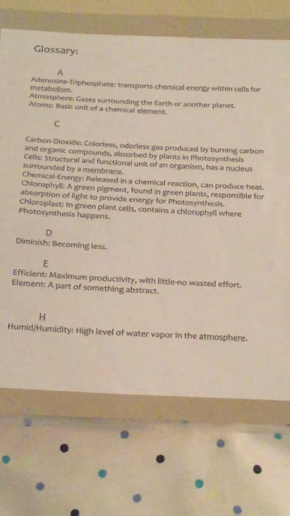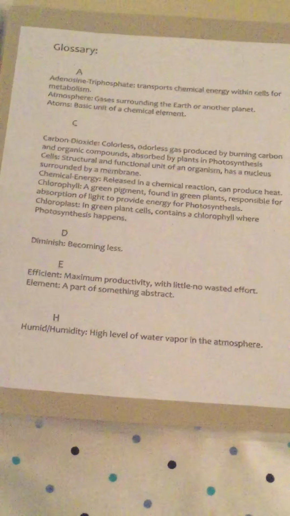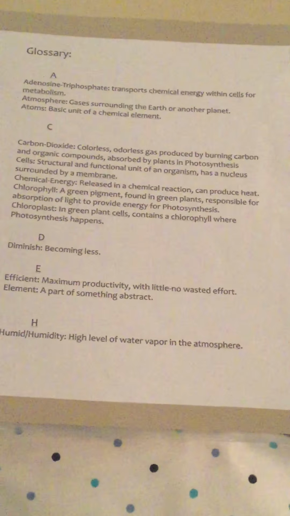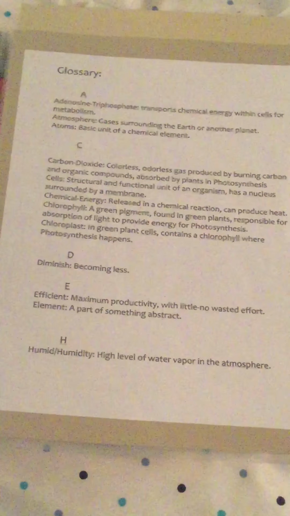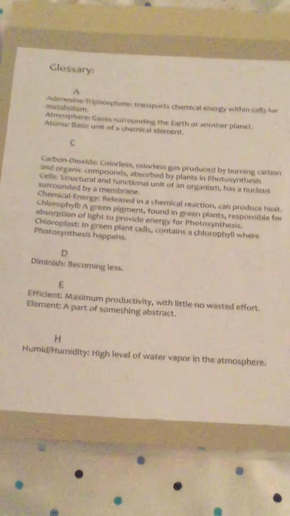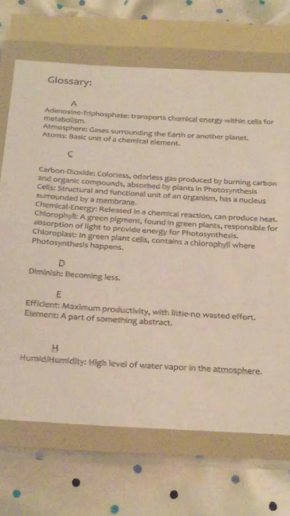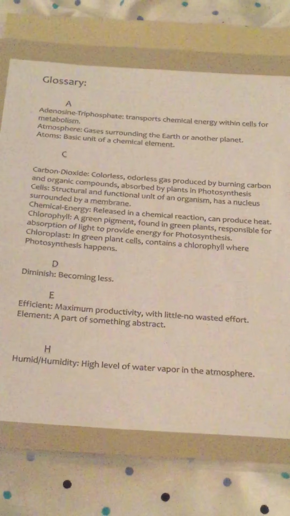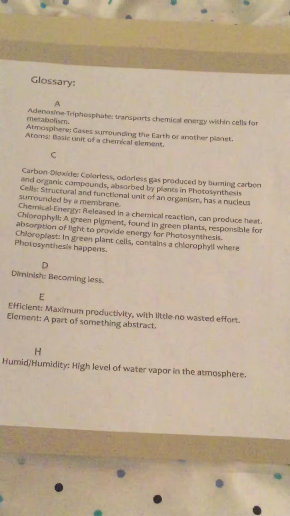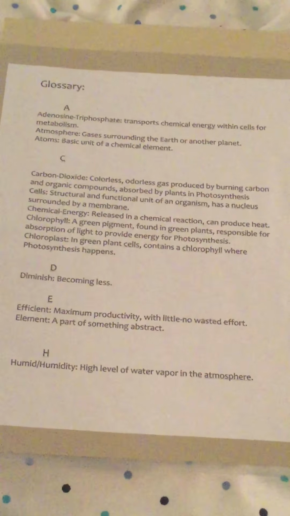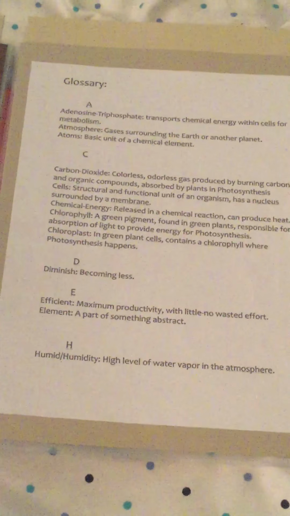Glossary. Adenosine triphosphate: transports chemical energy within cells for metabolism. Atmosphere: gases surrounding the Earth or another planet. Atoms: basic unit of a chemical element. Carbon dioxide: colorless, odorless gas produced by burning carbon and organic compounds, absorbed by plants during photosynthesis.